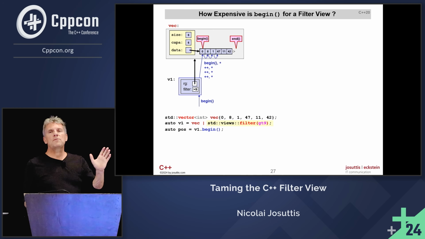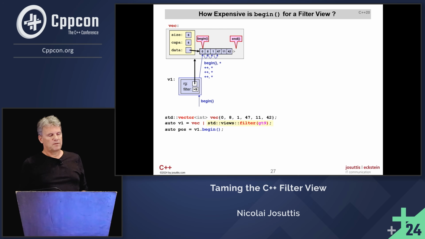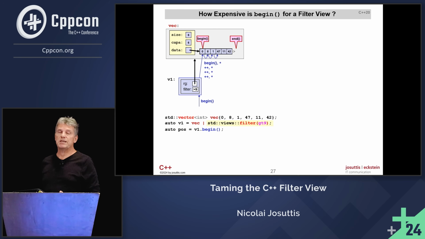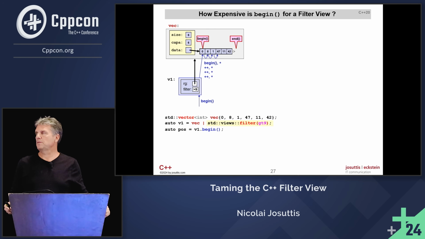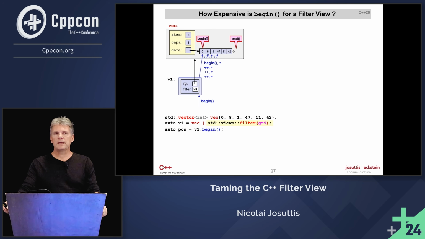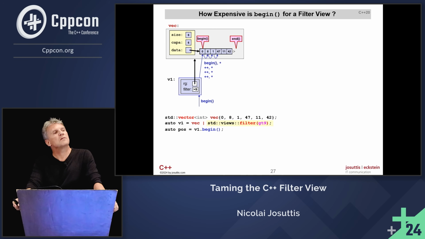So we have to iterate over all the element values until we find a matching element. So begin is no longer cheap. When this is the last element in the container, it's a linear operation. 1 million elements, and you filter and to find the last is 1 million times calling plus and star and comparing against the end.